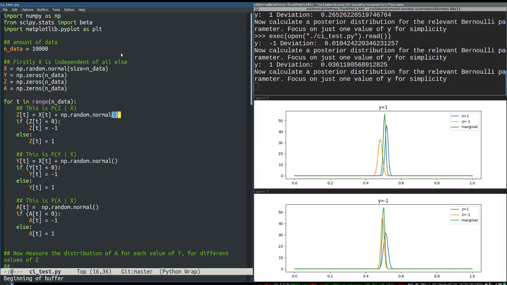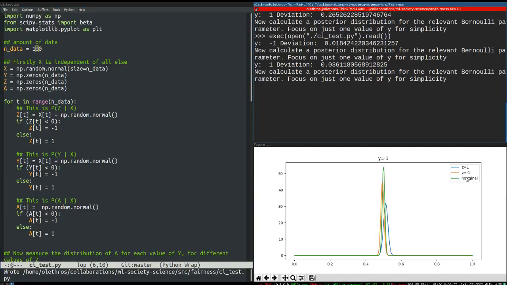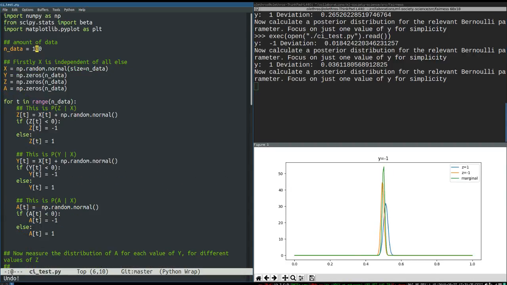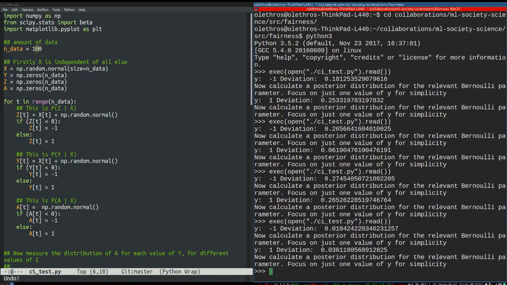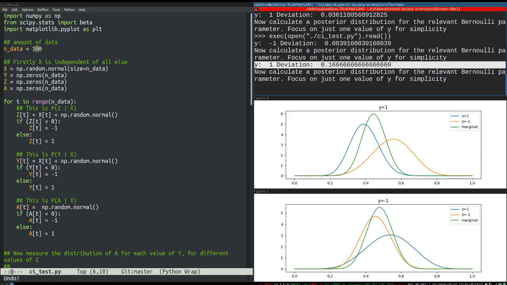Of course, the problem is that if you have not so much data, it's hard to tell whether you have a large deviation because of randomness or not. So here you randomly get a large deviation, even though it's completely independent. But when you look at these curves, it's kind of obvious that you shouldn't really know. There's not enough data to tell.